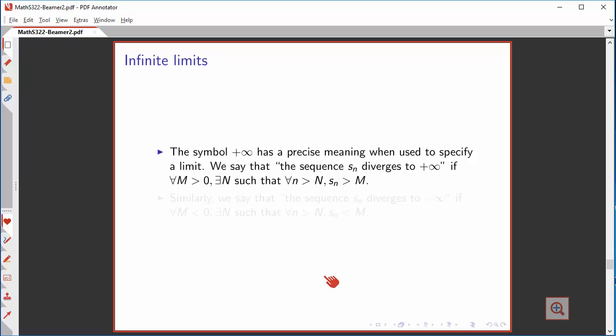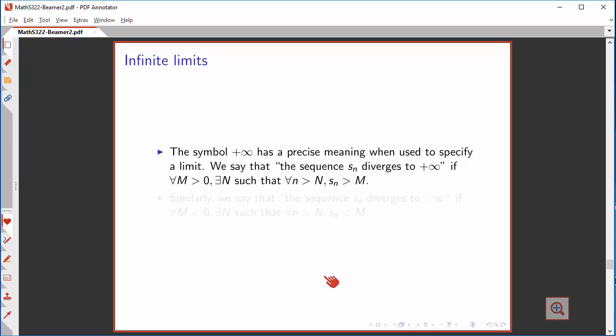When we're specifying limits, the infinity symbol has a precise meaning. When I say the sequence S sub n diverges to plus infinity, what I mean is that the terms in the sequence become arbitrarily large.